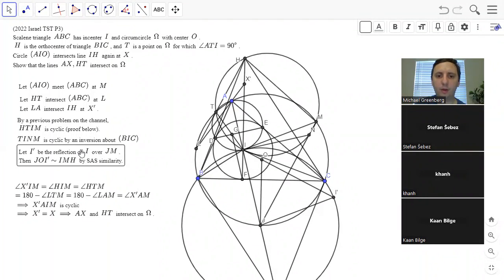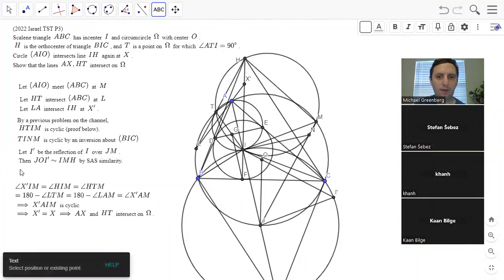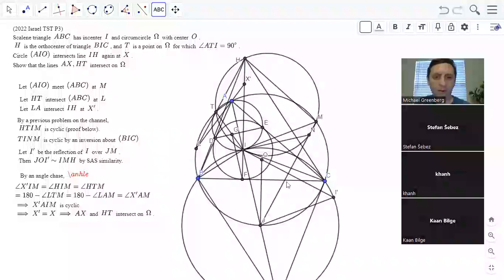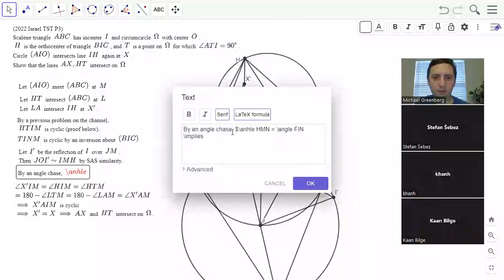Like the main idea is just the similar triangles. That means that HTIMN is cyclic.